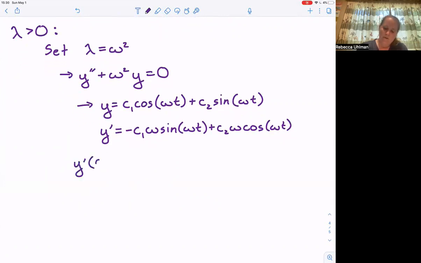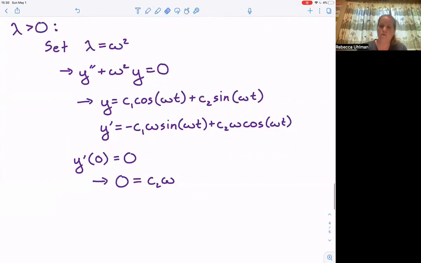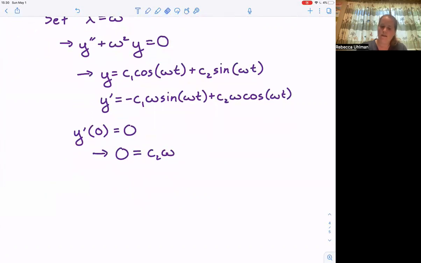Y prime of 0 equaling 0 means that we have 0 is equal to C2 omega times 1. So 0 is equal to C2 omega, and we get that C2 has to be equal to 0. So this means that our y is just C1 cosine of omega t.